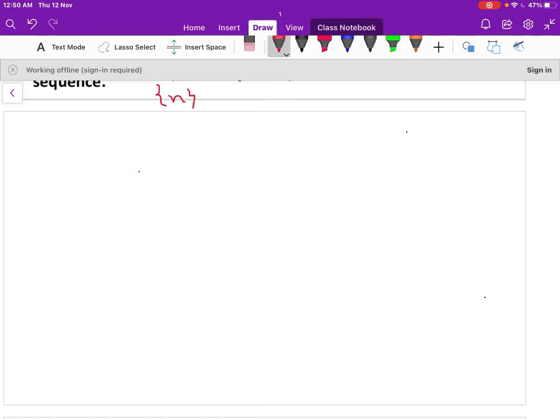The sequence n, or n square, diverges to infinity as n tends to infinity. You have to show that the sequence n diverges to infinity as n tends to infinity. Again, we can show it in two ways. First one is graphically, and the second one is through the definition of divergence of a sequence.